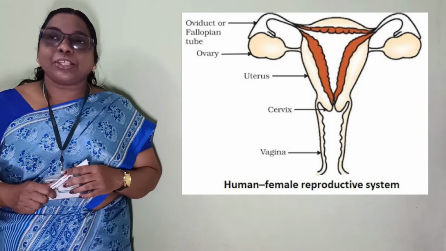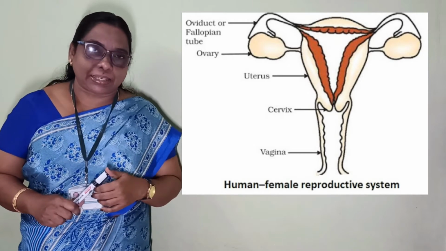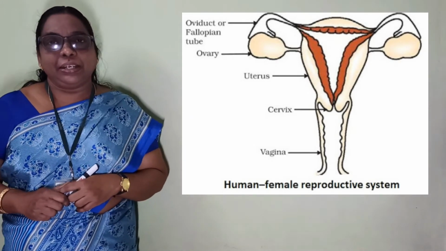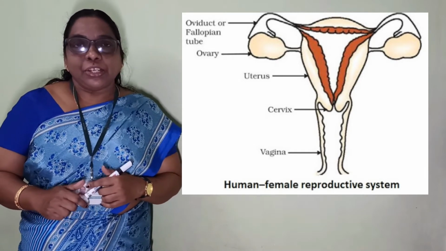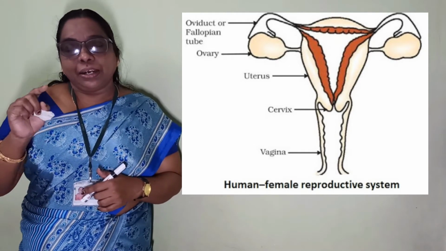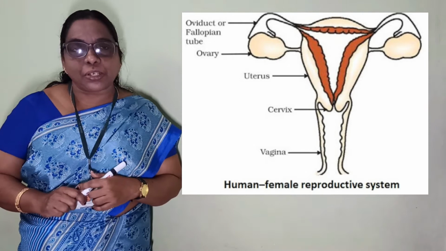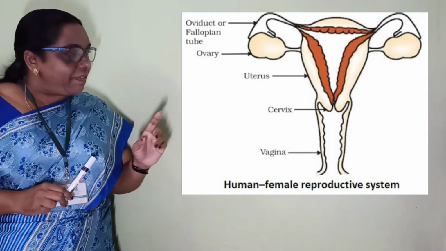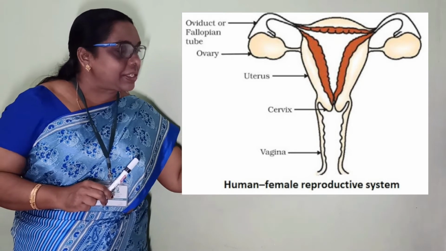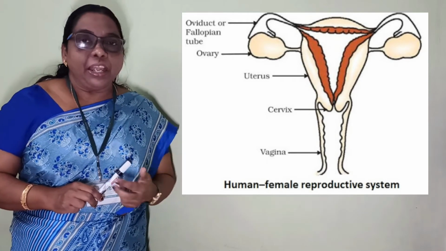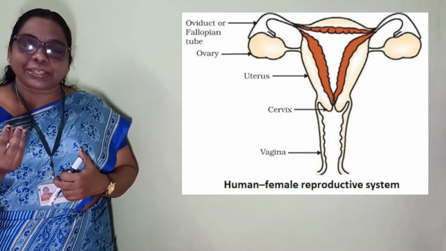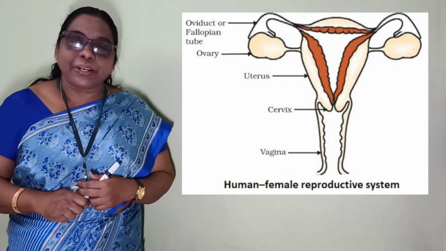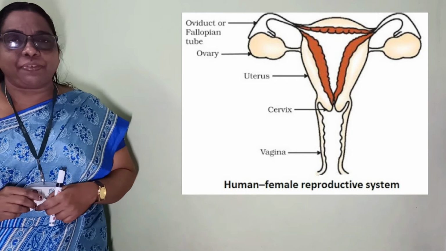Coming to the pair of ducts, they are also called fallopian tubes. The funnel-like opening is called the ostium, and the ostium is provided with cilia. Whenever the ovary releases an ovum, it is immediately caught by the cilia and enters the fallopian tube.